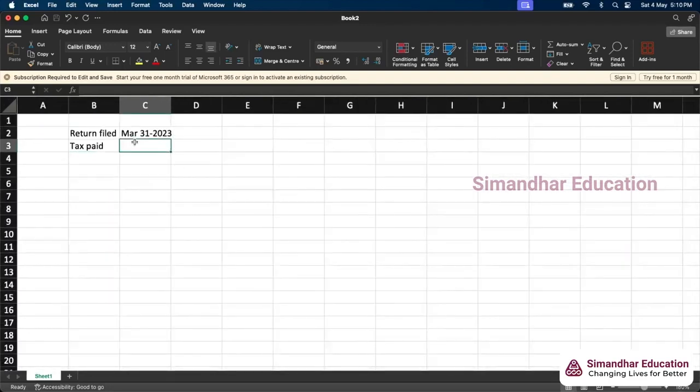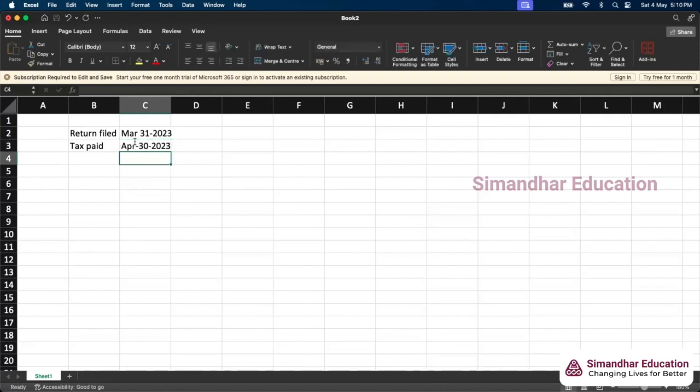Okay. So say you filed the return for tax year 22 last year on March 31st, 2023. You paid the tax after a month for whatever reason. It could be you paid it on April 30th, 2023.